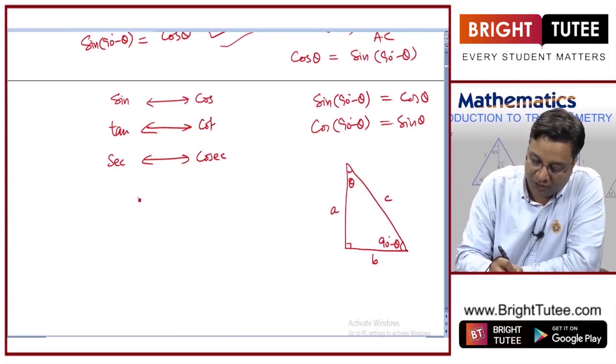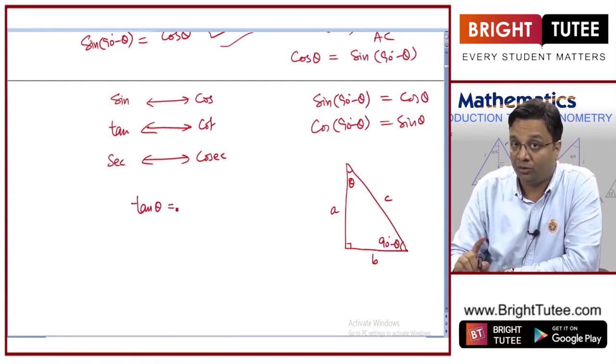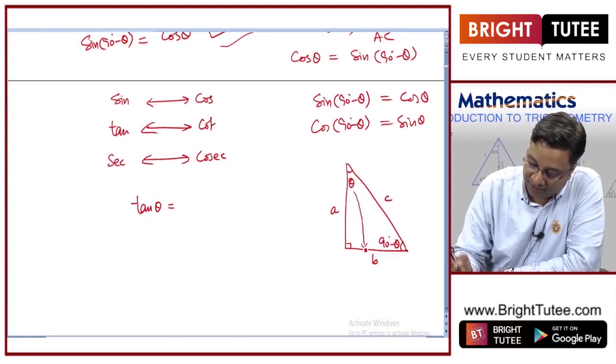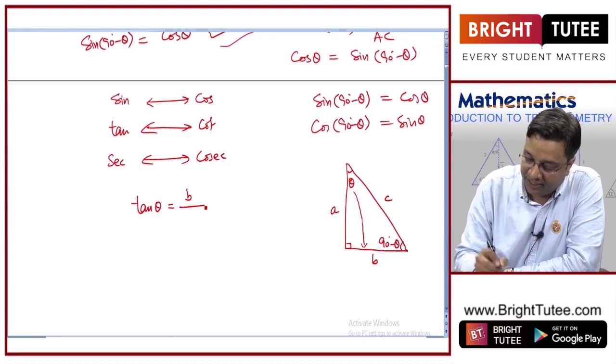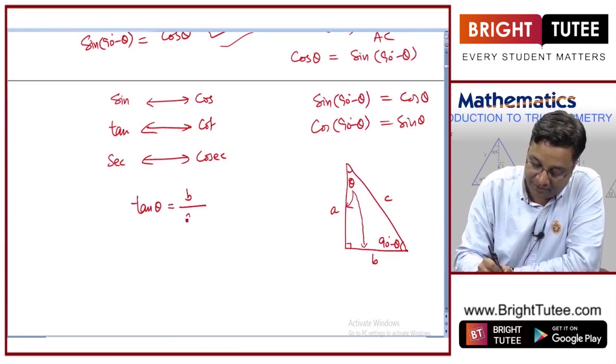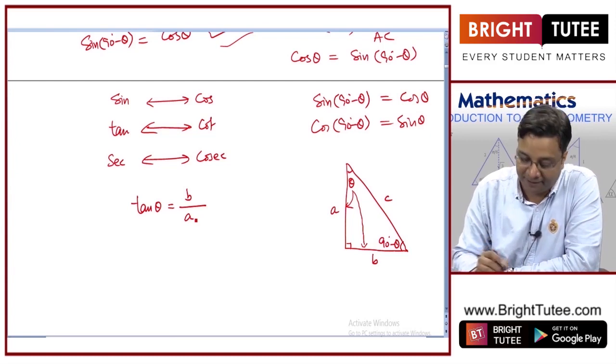So if I ask you what is tan theta, tan theta is given by TOA, opposite by adjacent. So what is opposite of theta? Side b. And what is adjacent of theta? a. So tan theta is b by a.